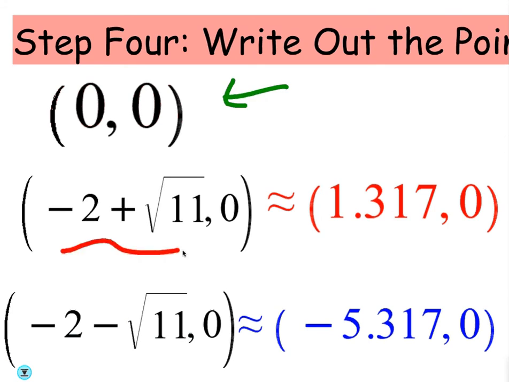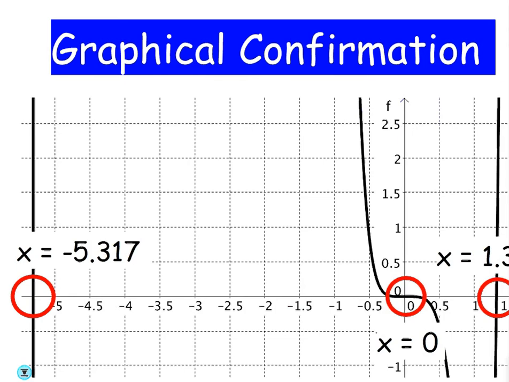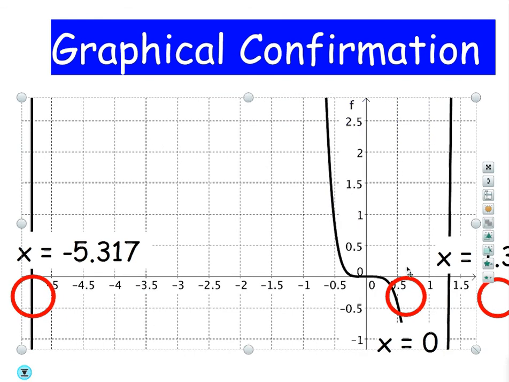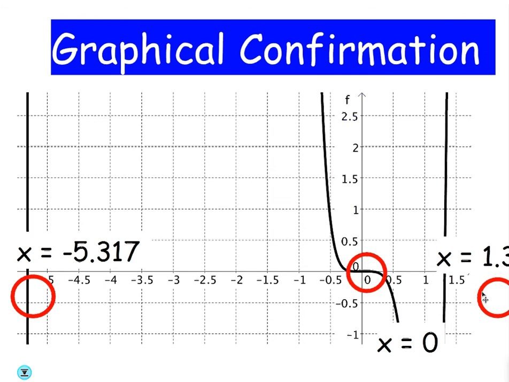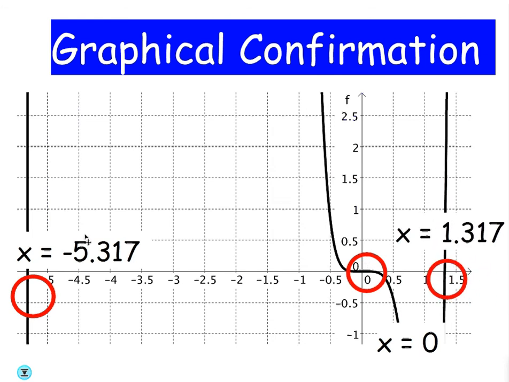If we work out the first radical, it's about 1.3. And the second one is about negative 5.317. That's going to look like this on the graph. You've got an x-intercept at 0, one at about 1.3, and the third one over here at negative 5.317.